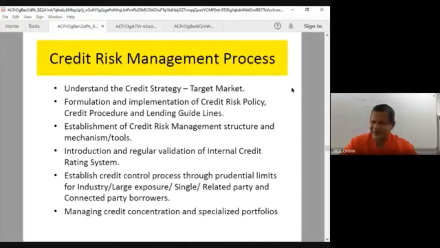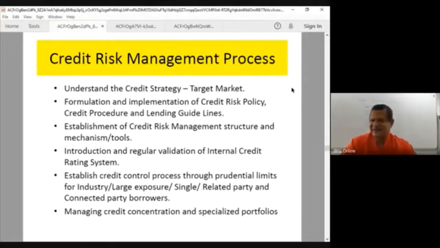We call that level, B and above, or 60 points and above, the investment category. So you deal with customers whom you can rely on for repayment.